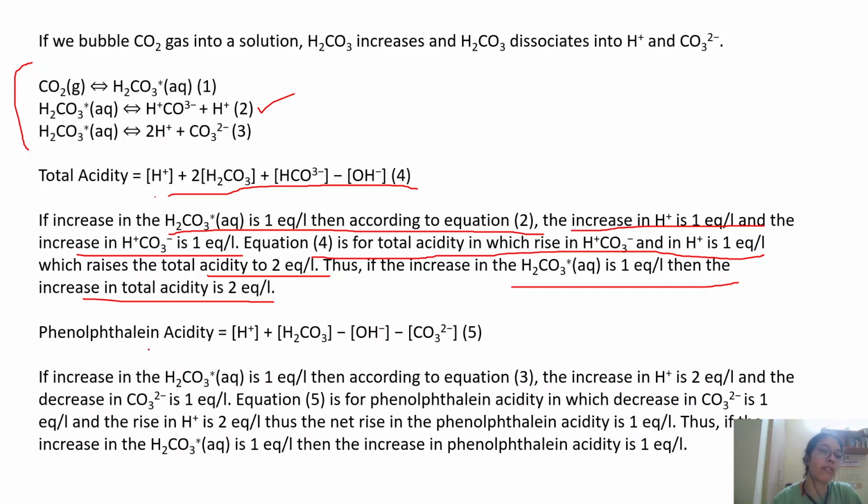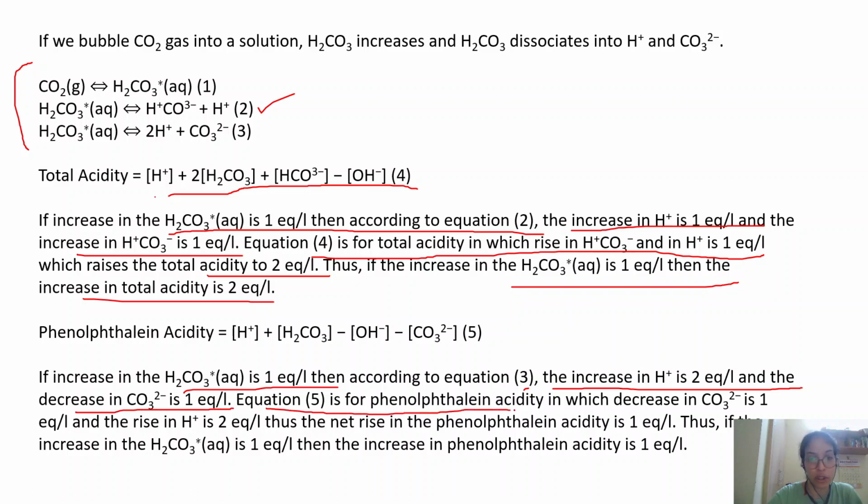And the same for phenolphthalein acidity. If the increase in H2CO3* is 1 equivalent per liter, then according to equation 3, the increase in H plus is 2 equivalents per liter and the decrease in carbonate is 1 equivalent per liter.